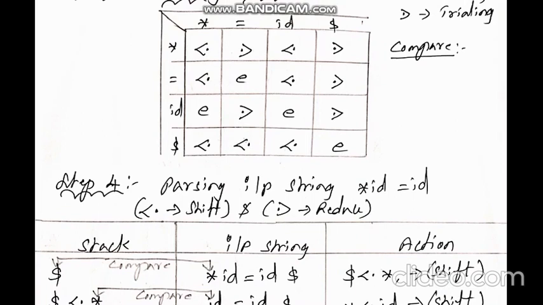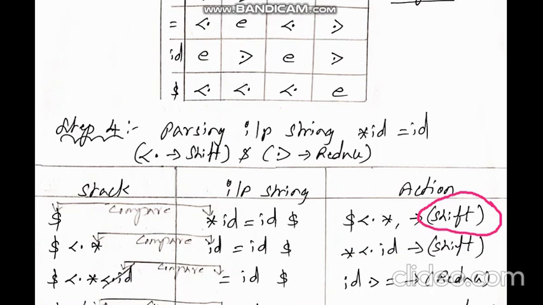Now you can see dollar. We need to match only the stack with the input, not anything else, only the stack. Whatever value you have at the first position has to be compared with the first value in the input string. So dollar will be compared with star. What value are we getting? Dollar compared with star gives us leading. If you are getting a leading symbol, then you need to shift.